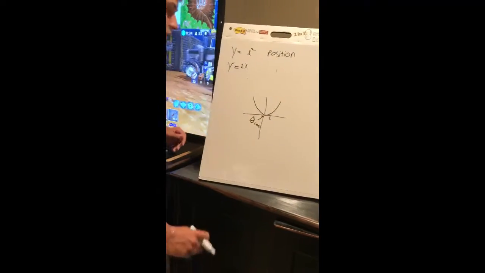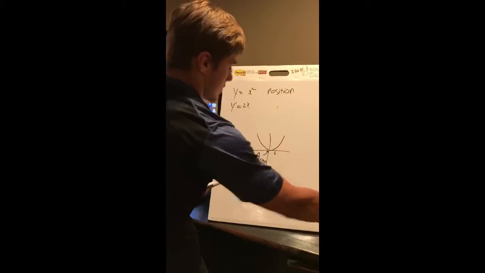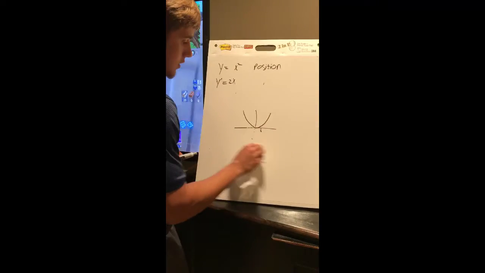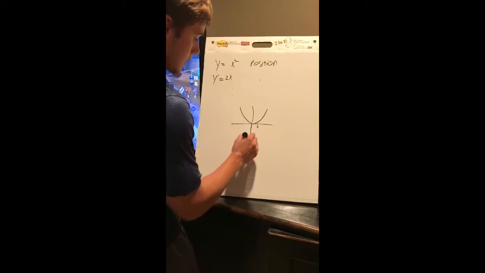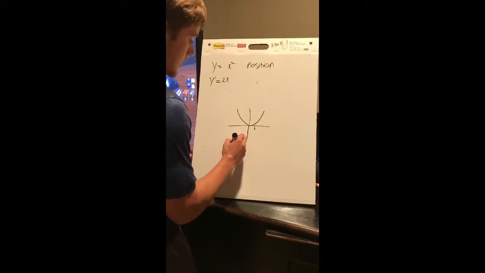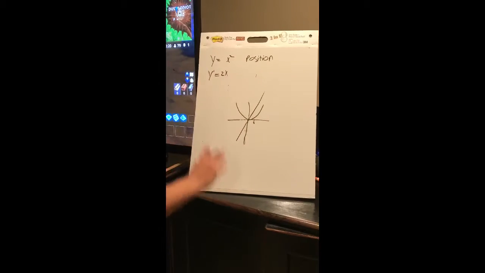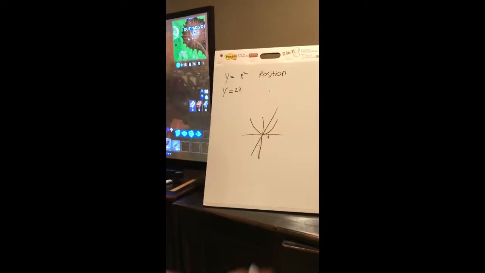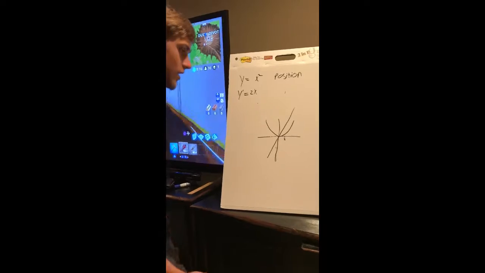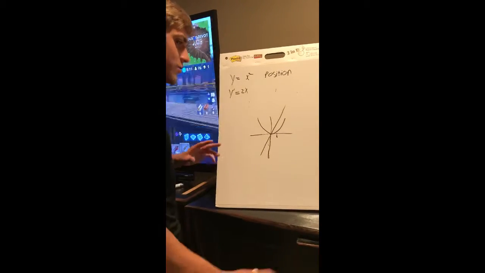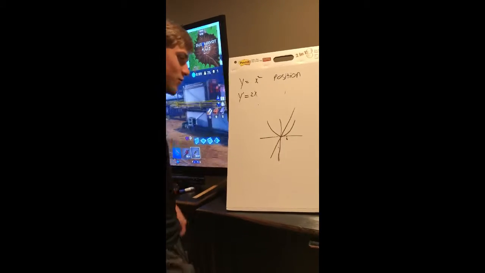So now you got 2x. So let's clean this up a little bit. 2x is going to look something like this. Whatever. That's what it looks like in graph situation. So that is how fast or whatever you're going from Stacy's house.